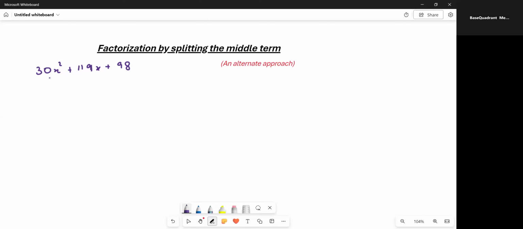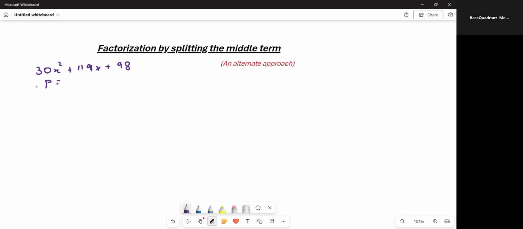Try the next one. 30x squared plus 119x plus 98. The product is 30 multiplied by 98, correct? How much is that?